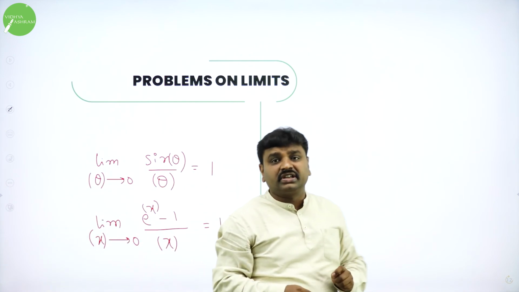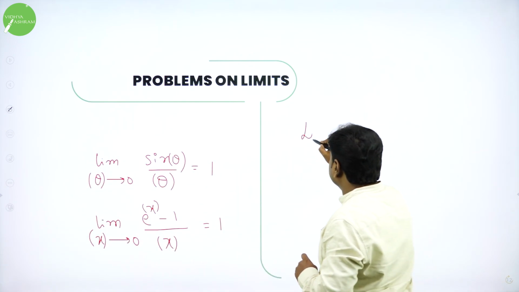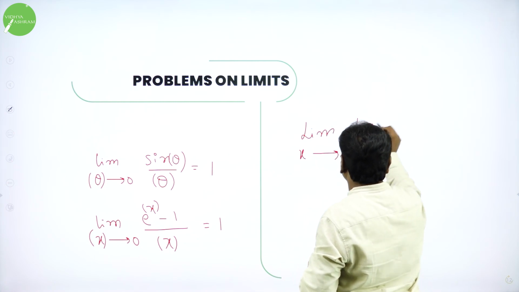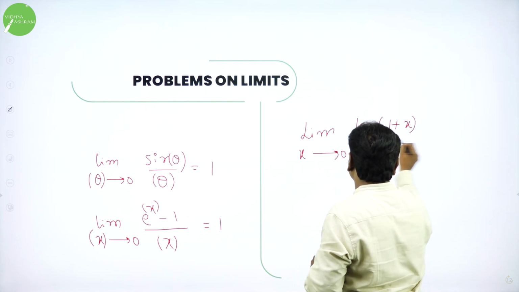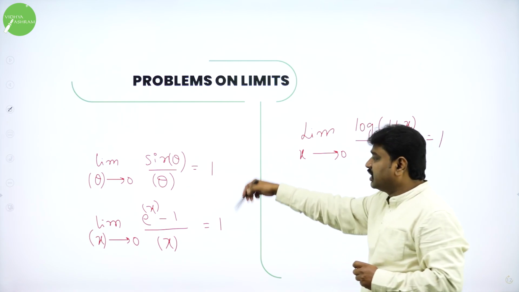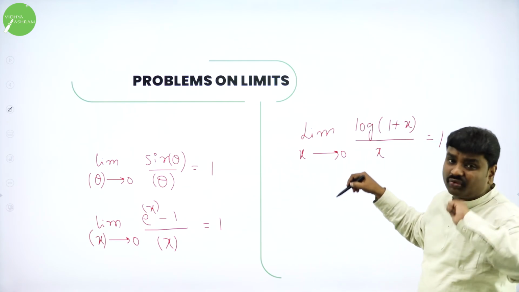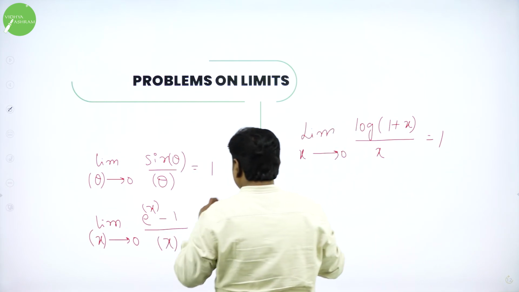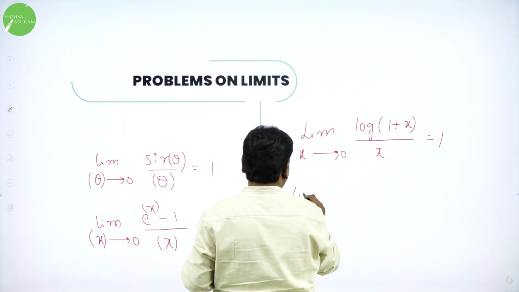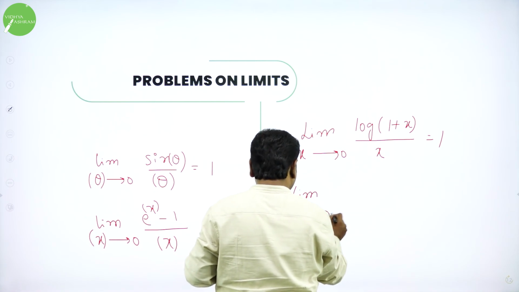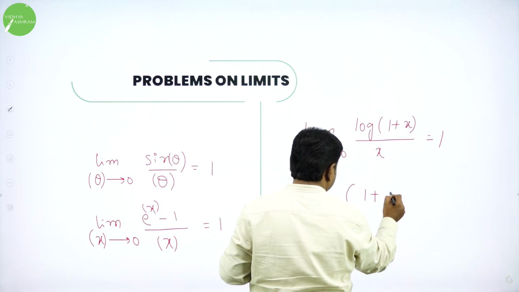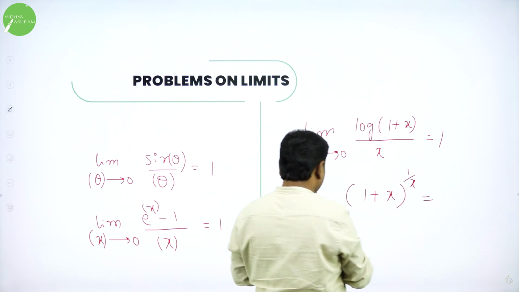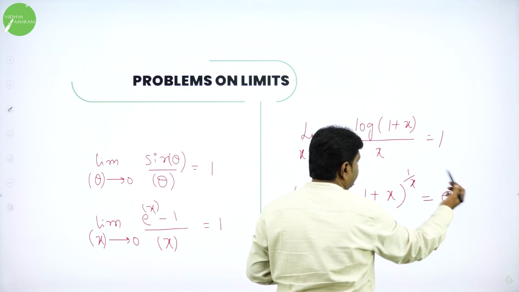And one more interesting theorem we used in today's class, that is limit x tends to 0, log(1 + x)/x is again 1. So 3 important results which give you RHS as 1. So we don't apply limit directly, we simplify, and then we use another interesting format, that is limit x tends to 0, (1 + x)^(1/x), this gives you e.